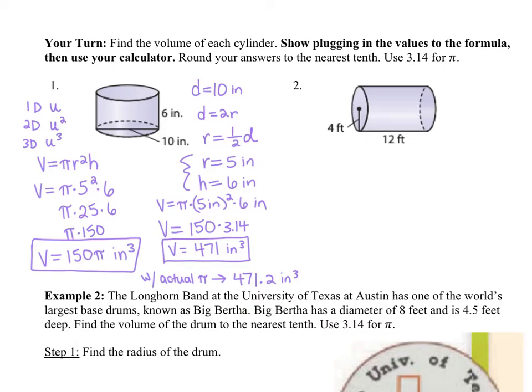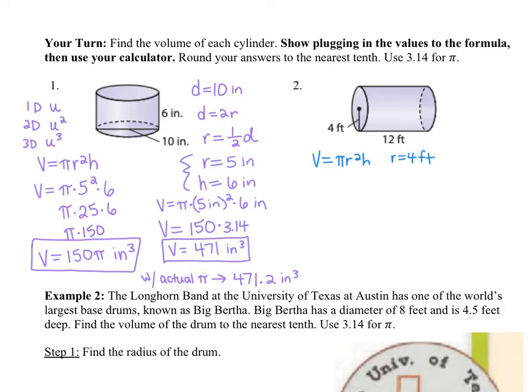All right, for this next one, I'll do it a little quicker, won't go into as much detail. So again, formula V equals pi r squared h. Let's identify the radius. So 4 feet, it's referring to the center to the edge. That's what we call the radius. So the radius is 4 feet.